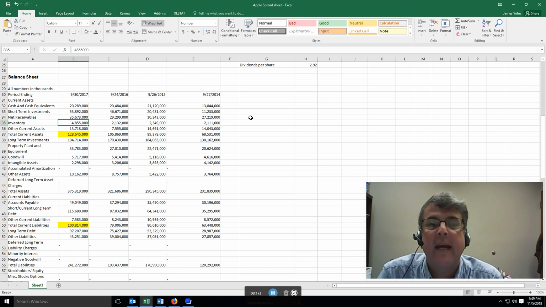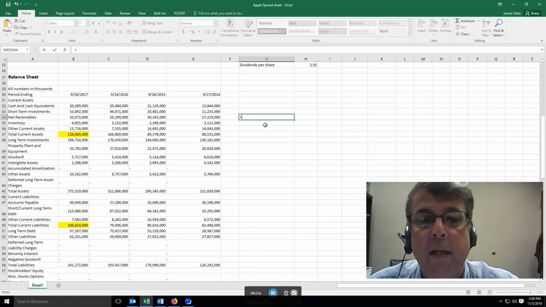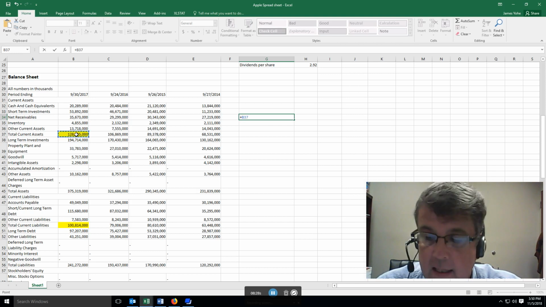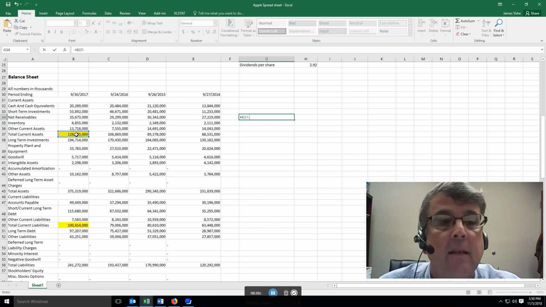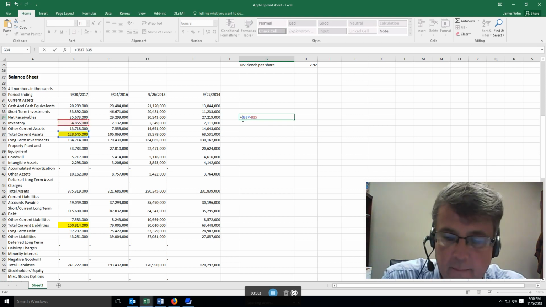So we're going to create a little spreadsheet here. What I'm going to do is take total current assets and subtract inventory from it. Then I'm going to put it in brackets here.